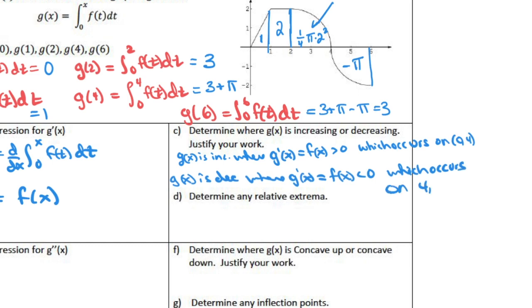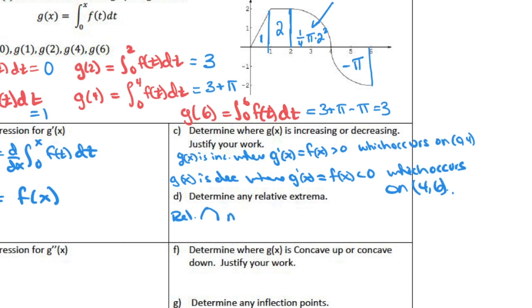All right, so now we need to determine any relative extrema. So let's think about this. We want to know where f of x changes from positive to negative or from negative to positive. So we have a relative, now think about which one. We went from positive to negative.